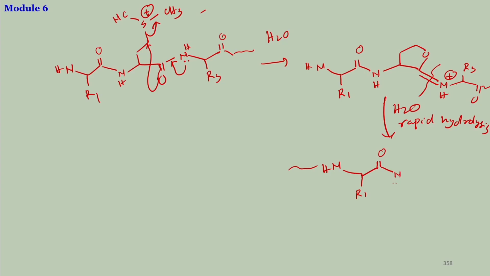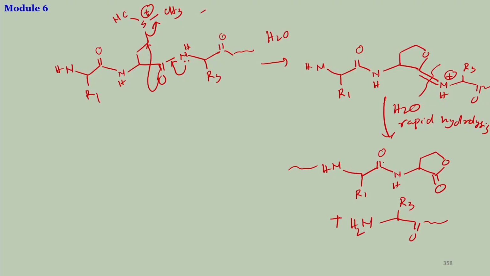CO NH, this, here you will have a carbonyl, plus you will have the free amine NH2 R3 this. So, you have a cleavage of the peptide bond in the position where there was a methionine, or the following peptide bond after the methionine.